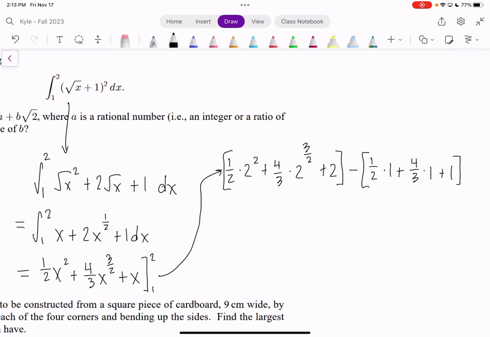You could then put that into your McMaster calculator, or you could do that one in your head, and then we'll have a plus, I don't know what the integer will be, but we'll get a plus 8 over 3 root 2. So 8 over 3 will be our answer.